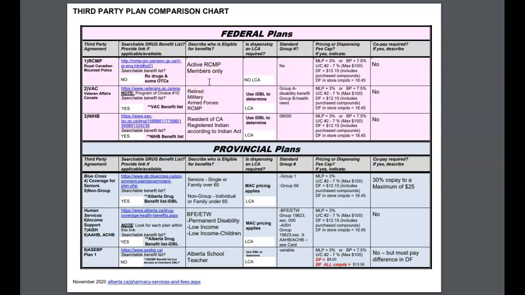So I'm not going to click on any of these links. I'm just going to kind of highlight some of the information that is available on the chart, and what I've placed on the chart. I really did try to streamline the information so that there wasn't a lot of complicated information.